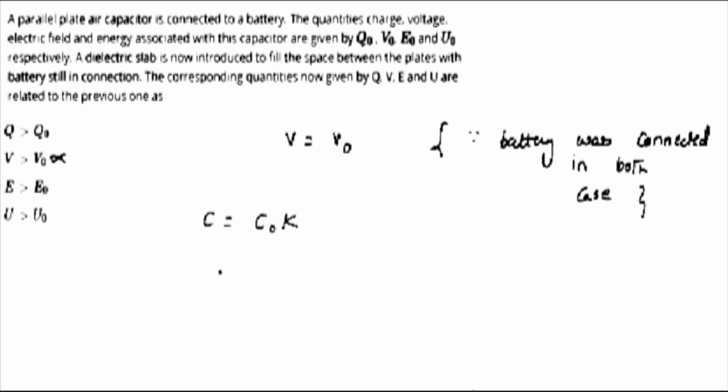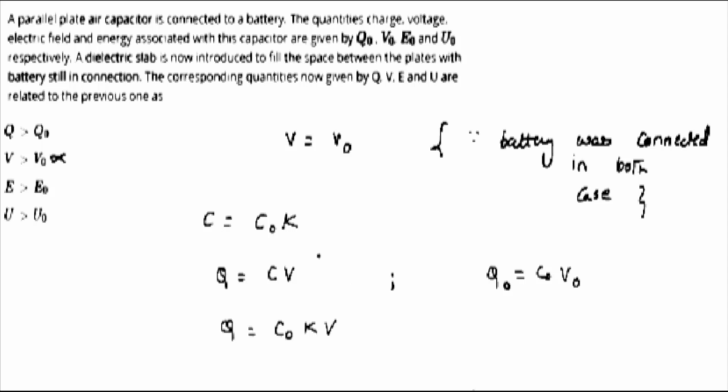So from here, we know the formula for charge, Q is equal to CV, and when the dielectric is introduced, and Q naught equals C naught V naught when there was no dielectric. So we can write, instead of C here, C naught K into V.